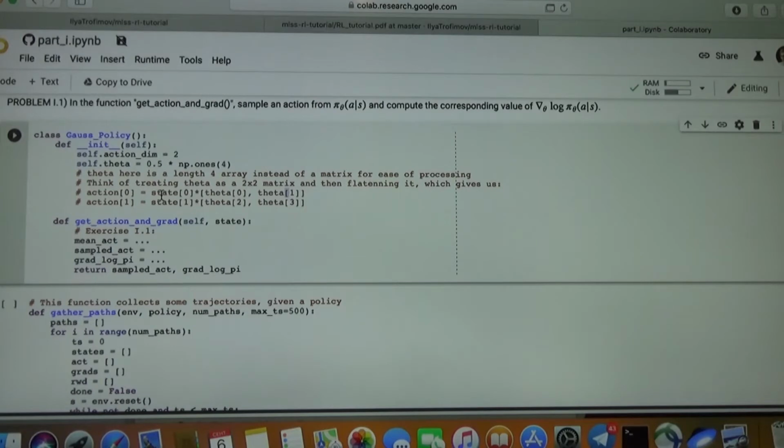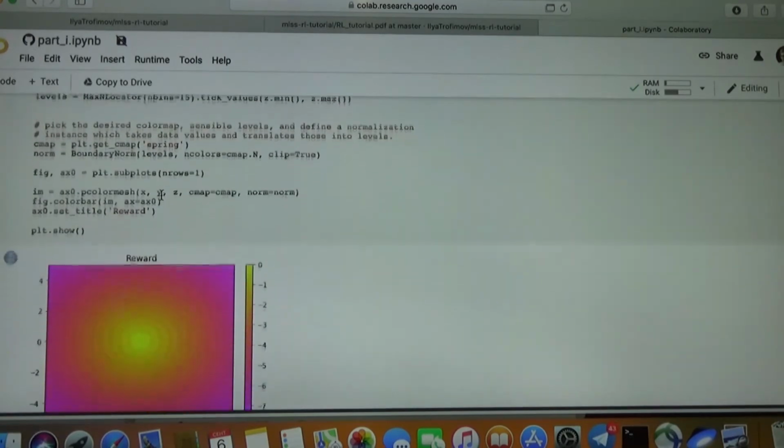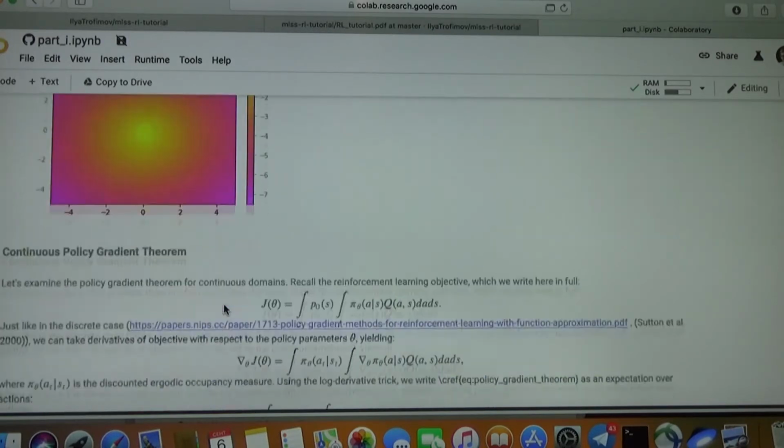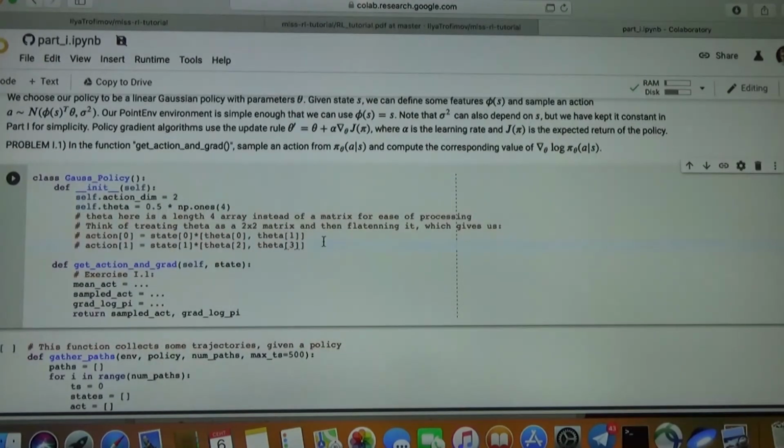So what is the state here in this problem? Anybody follows my idea? So we have a point on a two-dimensional plane, and the state is what? So it's coordinates, right? So if we have these two coordinates, the solution is quite obvious.